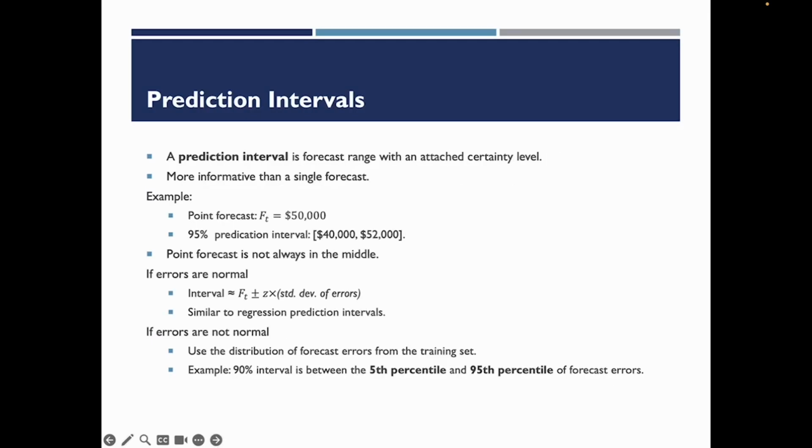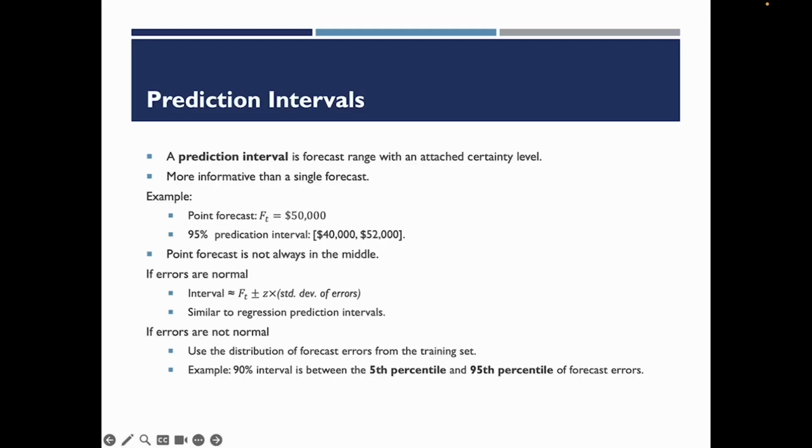The prediction interval, as we did in statistics, is the range of values around a forecast that includes the uncertainty level. And this is more useful than just reporting a single point forecast, because it tells us how much risk or variability we should expect. So suppose we forecast next month's sales as $50,000. That alone doesn't tell us how accurate it might be.